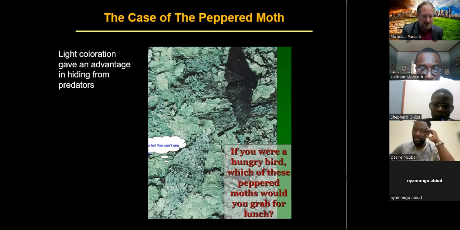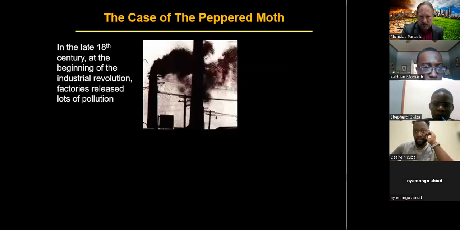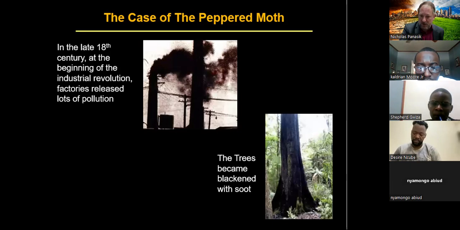So where does that get us? In the late 18th century, pretty much at the beginning of the Industrial Revolution, factories started to arise that released a lot of pollution. They were primarily burning coal, which would put a lot of soot in the atmosphere.